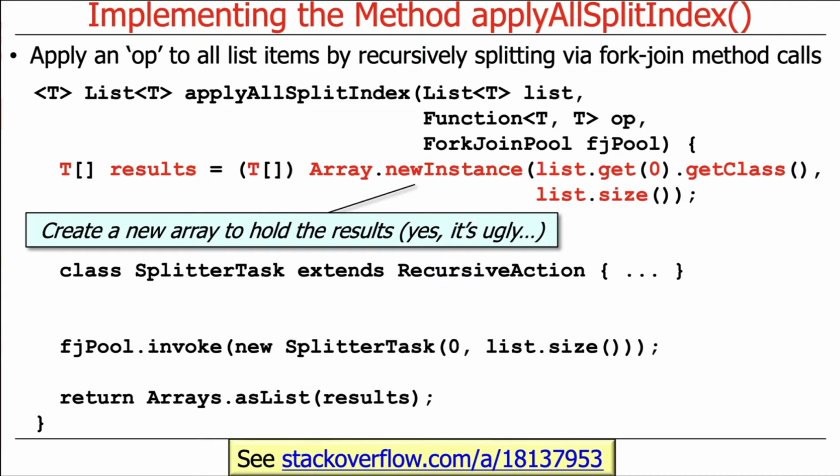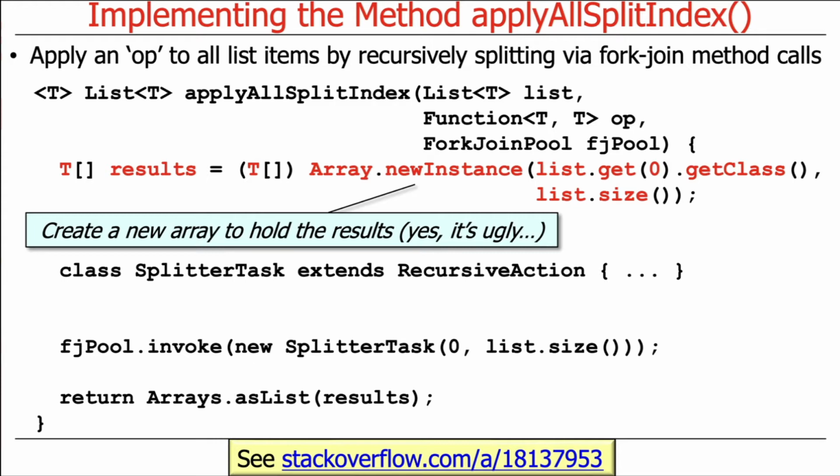You have to use reflection for a bunch of really strange reasons. What we're saying here is, make me a new array that's going to have the type of the first element in the list, and it's going to be the size of the list. So now we have an array of T that we're going to use to store the results.